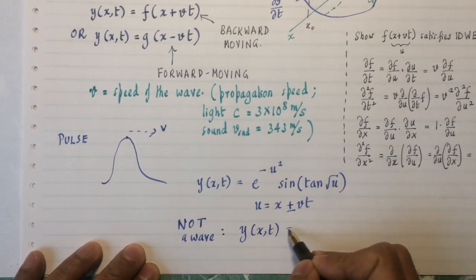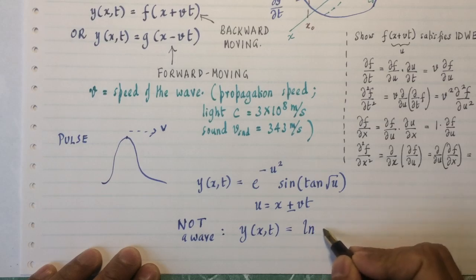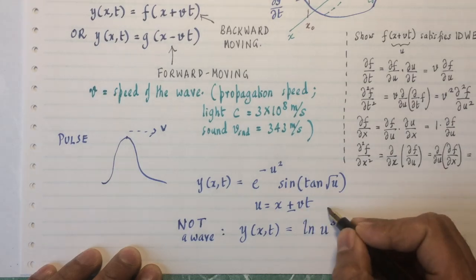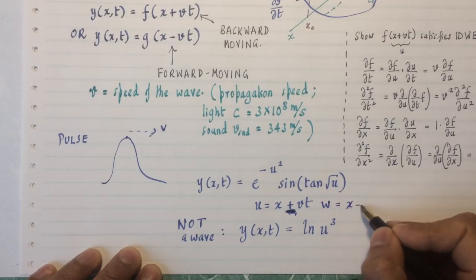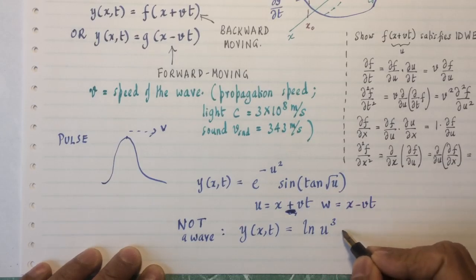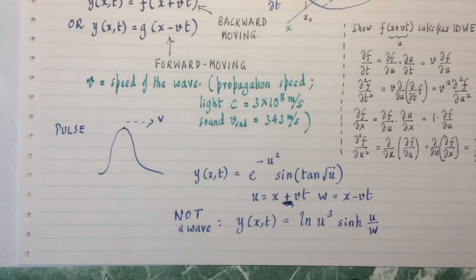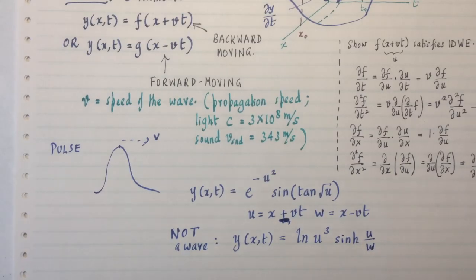Y of x, t equals, I'm running out of ideas, natural logarithm of u cubed, and let's call u equal to x minus vt, times the hyperbolic sine of u over w. Now that fails to be a wave because I've made this unholy mixture of a forward moving and a backward moving pulse. So those things are not allowed.